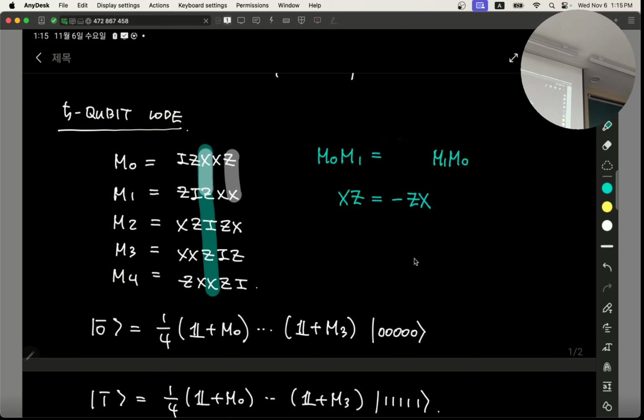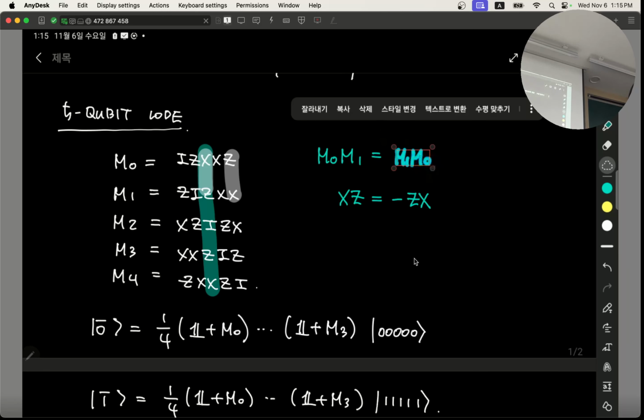But there are two places among the 5 qubits where you reverse the order of action of X and Z. So there are two minuses coming out. So basically, M0, M1, you can change the order to get the same result.